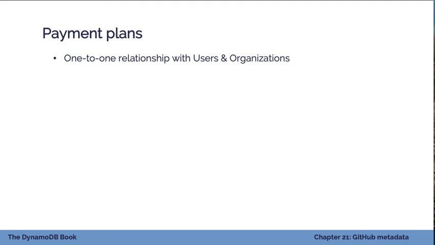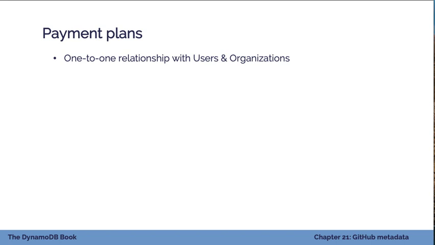Almost always when you're modeling a one-to-one relationship in DynamoDB, you're just going to have that on the item itself, and that's just going to make it easier to look it up and store that. The two exceptions there would be, first, if you want to have different access patterns for that related entity, the payment plan. So if you want to search by payment plan and find some different things, you might split it out separately that way.